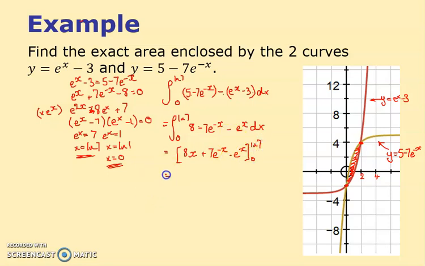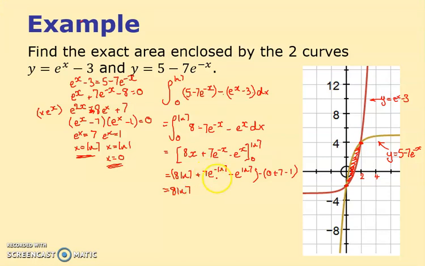Put those in, I get 8 log 7 plus 7e to the minus log 7 minus e to the log of 7. And if I put 0 in, I get 0 plus 7 minus 1. So this is 8 log 7.